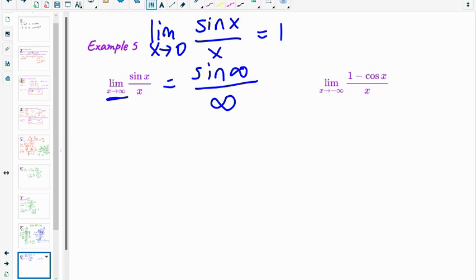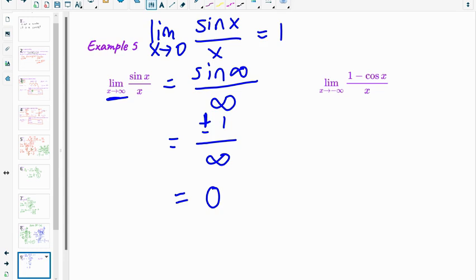Well, remember that as x gets bigger and bigger, sine just goes through this process where it's switching between positive 1 and negative 1. So we can write it as plus or minus 1. It might not even be that. It might be somewhere in between there. Over infinity. Well, when we increasingly expand our denominator, we're going to get 0.